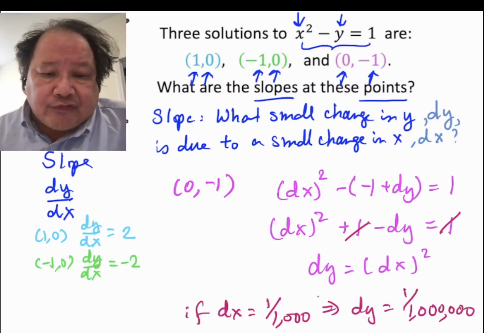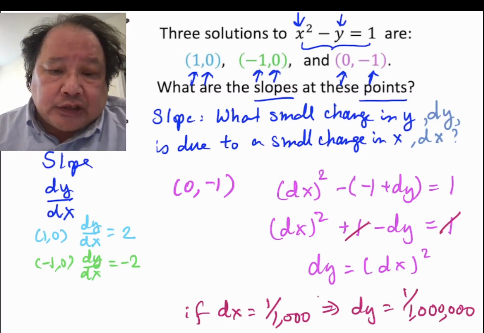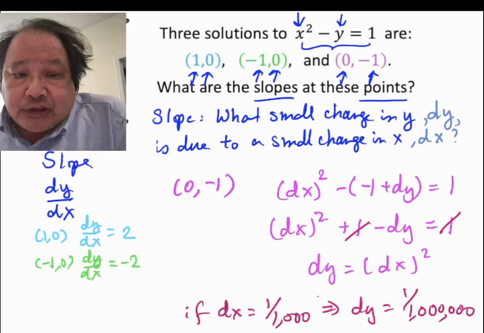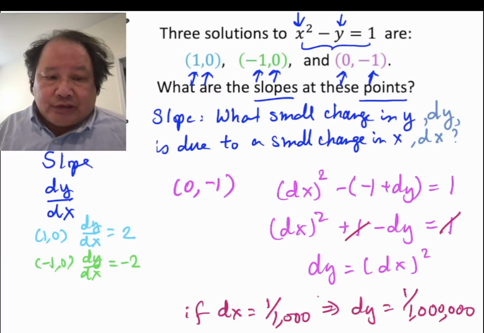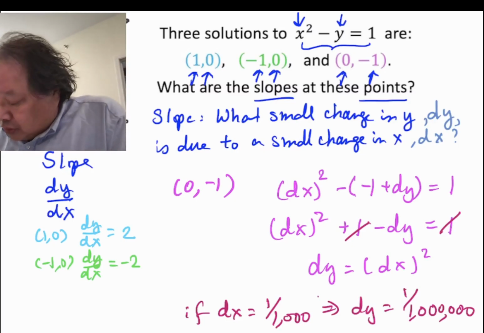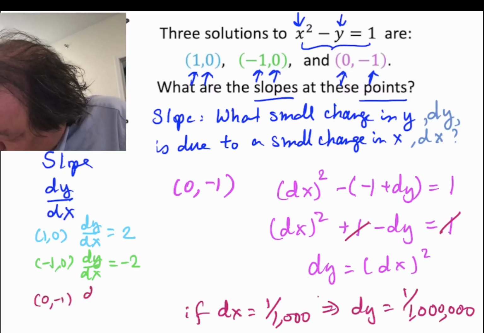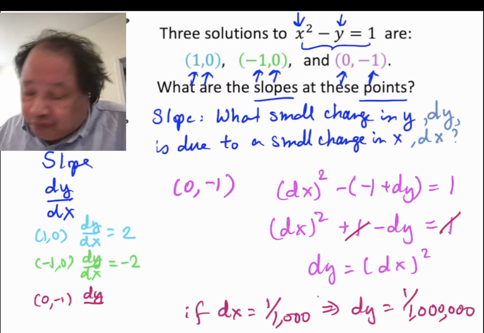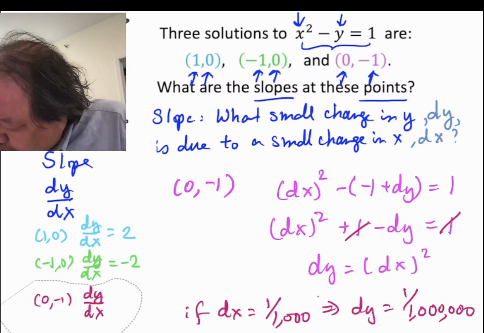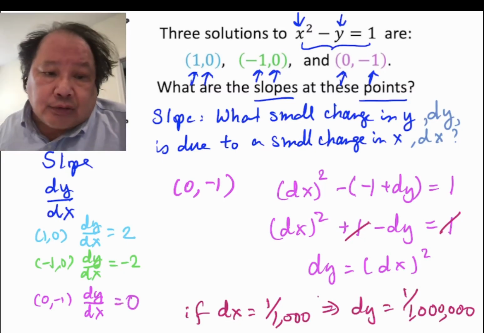And so we see that if there's a small change in x, the change in y is much, much smaller. The change in y in this case is 1,000 times smaller. And 1,000 times smaller means essentially it can just be ignored. And so at the point 0, minus 1, we see that there's basically no change in y for small changes in x. And we therefore get that dy/dx is 0.